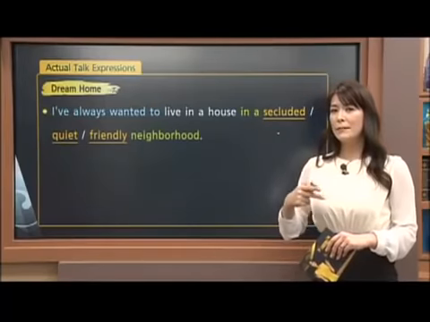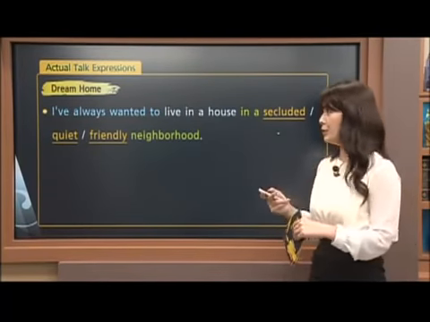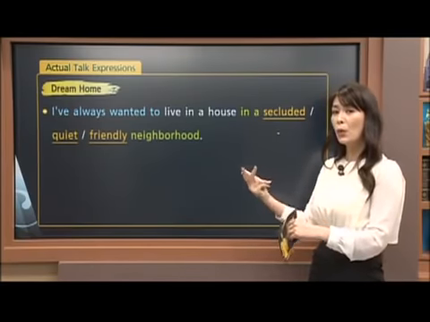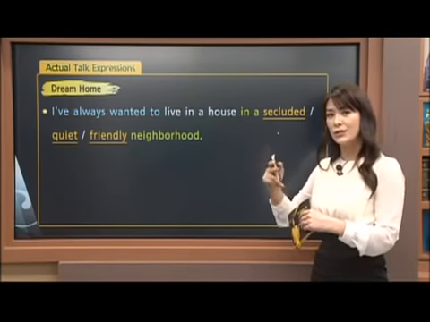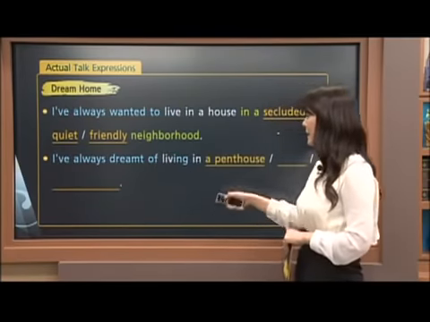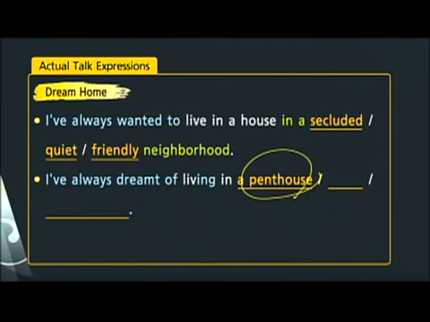So talk about the type of neighborhood you would like to move to by saying, I've always wanted to live in a house or an apartment in a certain neighborhood. I've always dreamt of living in a penthouse. You all know what a penthouse is, right? Usually if there is a tall building, it's on the very top floor. And also, I've always dreamt of living in a house or an apartment.